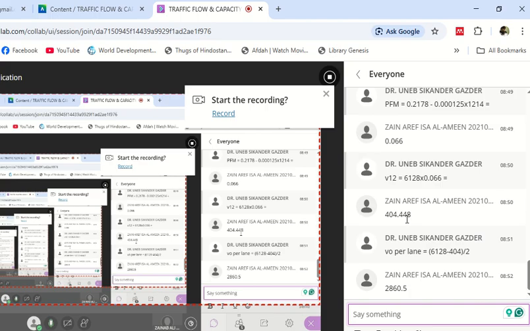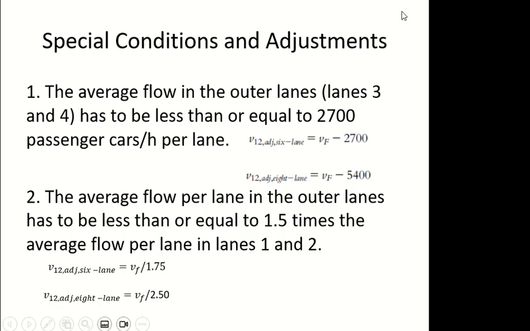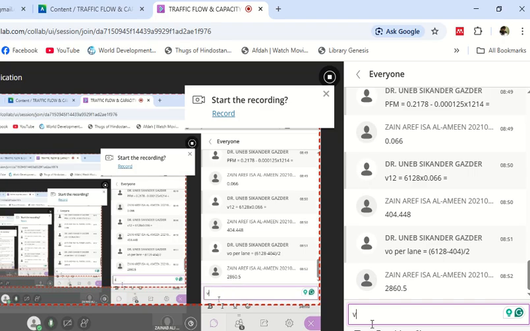Okay, so if I look at the first check, the per lane outer should be less than 2700, but it is more. So I need to recalculate the V12 using this equation. V12 will be the total VF minus 5400. So my V12 will be, total was 6128 minus 5400.